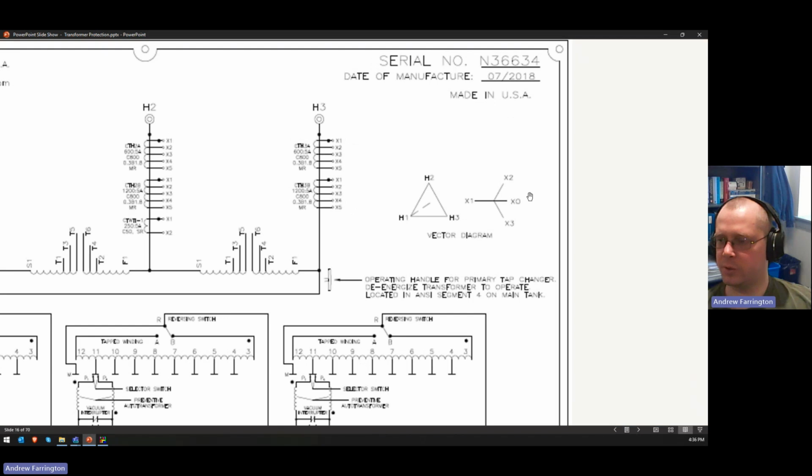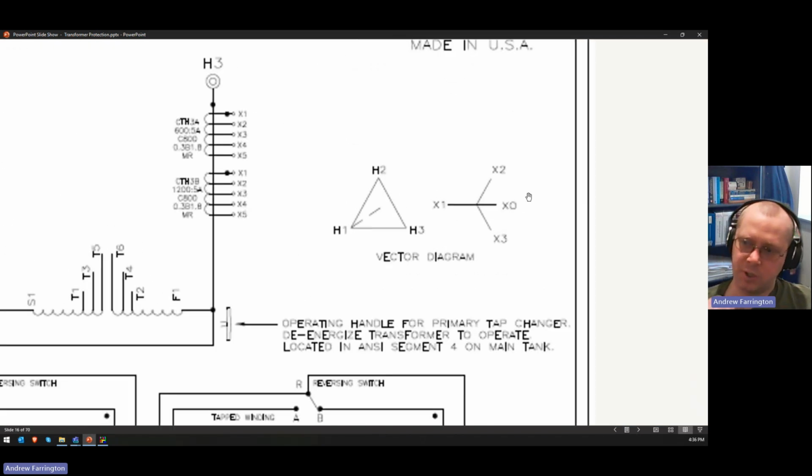Of particular importance, like we talked about and we'll continue to talk about, is the vector diagram of the transformer. Pause now and see if you can remember what this vector diagram is. It is a Dy1 vector diagram.